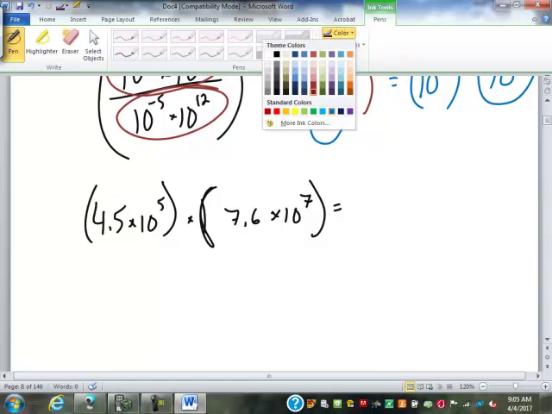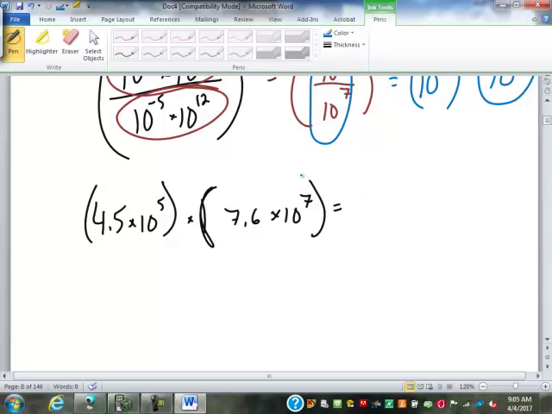So here what I do, this is multiplication. Well, not here. The parentheses are just separating out, saying that this is one number here, and a second number here.